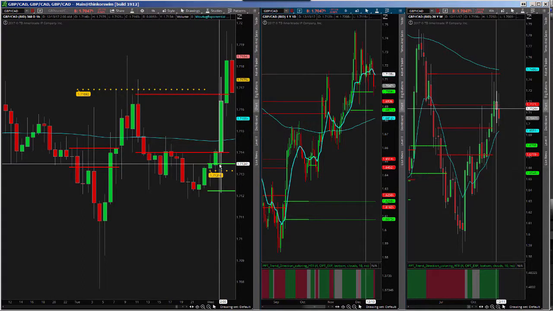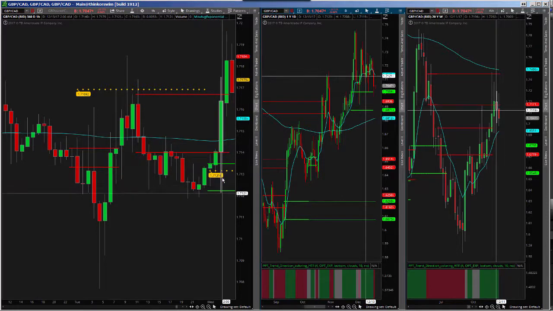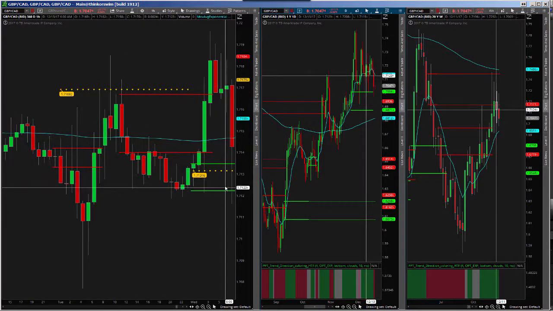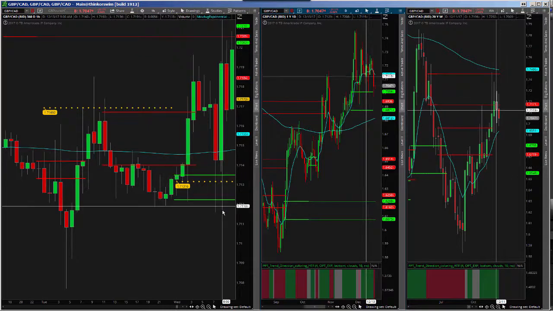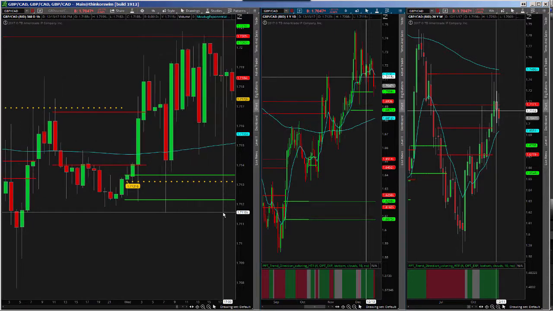All right, look at this, guys. I do have an L24 right here. I would have filled. You see that wick through here? So it would have filled here at 31. Would have gone 10 pips against me. Still not stopped out.